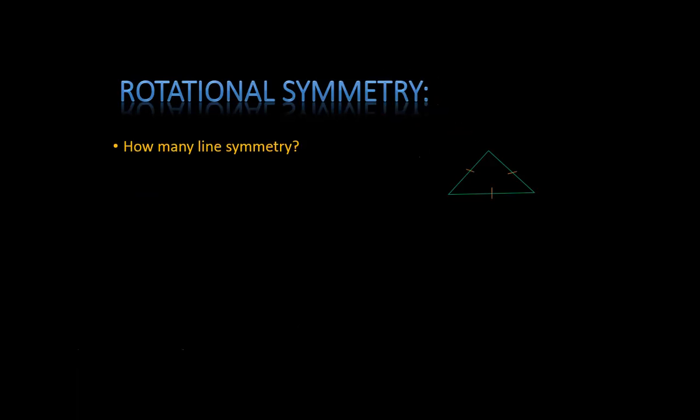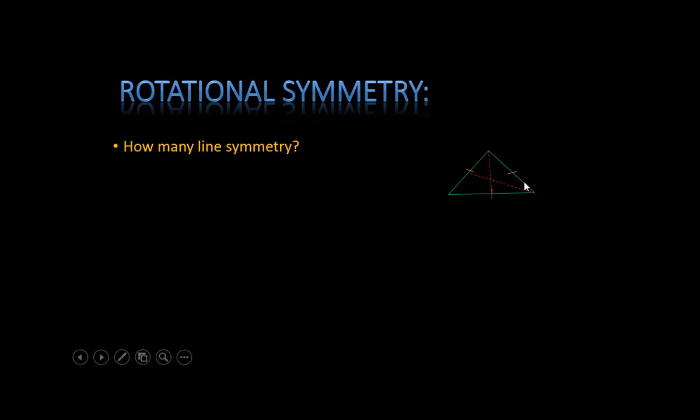Okay. I'm going to say that I have to divide first. If I draw a line symmetry here, this part is equal to this part. And it can be folded. Again, I can draw my line symmetry like this.